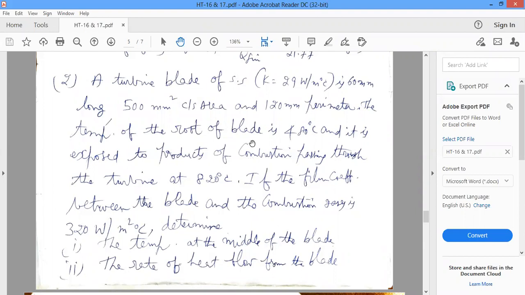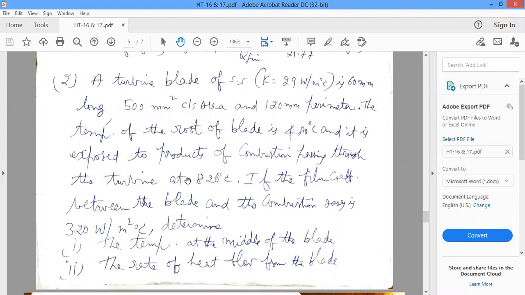So the turbine blade is exposed not to the outside environment or air, but to combustion gases passing through the turbine at 820 degrees centigrade. The important point is your environment is the products of combustion gases, but it is at a temperature of 820 degrees centigrade. So heat transfer is from 480 degrees centigrade to 820 degrees centigrade. That's the minus value. You will be getting the heat transfer rate in minus.